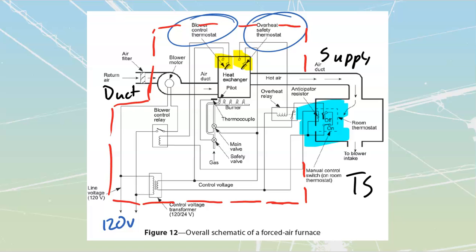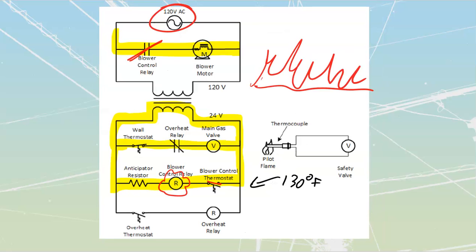It runs a little bit of current through it, which creates a tiny little bit of heat. That's what resistors do. As we run that little bit of current through it, that heat activates our thermostat a little bit early. That is all it's there for, early activation of the thermostat. So I'm going to be running a little bit through here. That is going to be a tiny little bit of heat going over to my actual wall thermostat component itself.